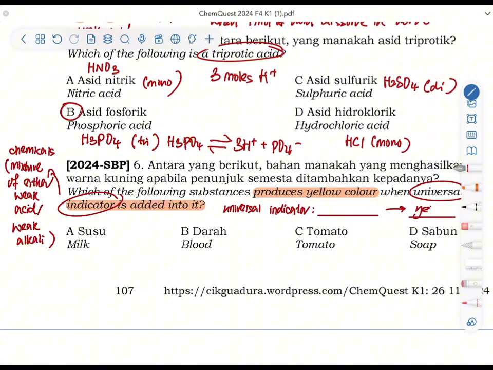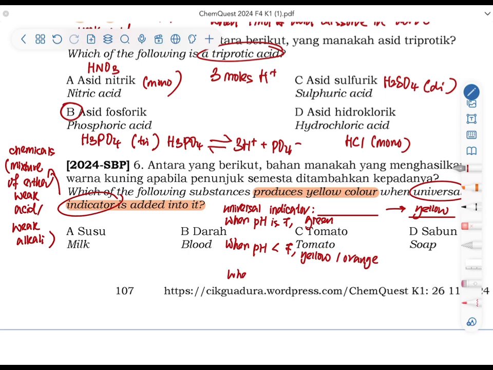So it must change from one color to another color, which is the yellow color. For information, when the pH is neutral, that is when the pH is 7, the universal indicator will be in the green color. But when the pH is less than 7, which is an acidic solution, it turns into yellow or orange, depending on the solution you want to test.